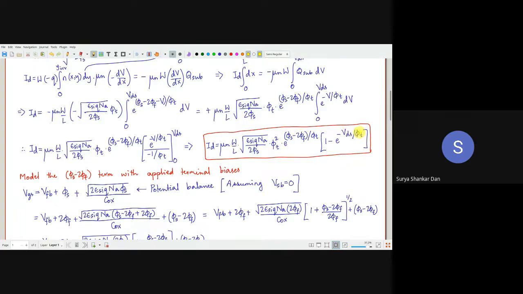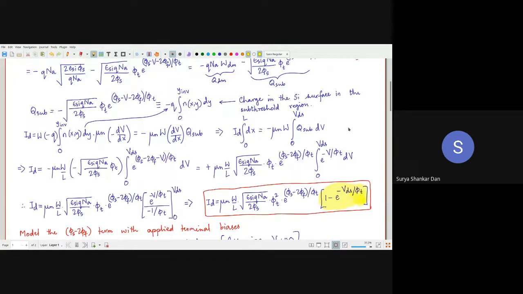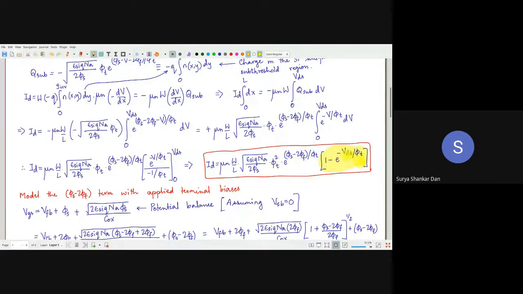Number one, this third bracket which you see is the variation of the current with respect to VDS. Most important part: VGS in the subthreshold region is slightly lower than the threshold voltage, but VDS is pretty high. So if VDS is pretty high, what is the situation here?